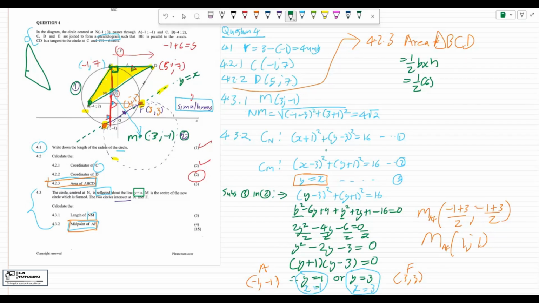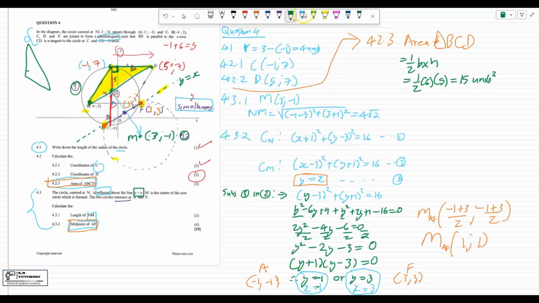So from there to there, and we know that this is 5 units. So perpendicular height is going to be 5. And then when you simplify this, it's going to give you 15 units squared.